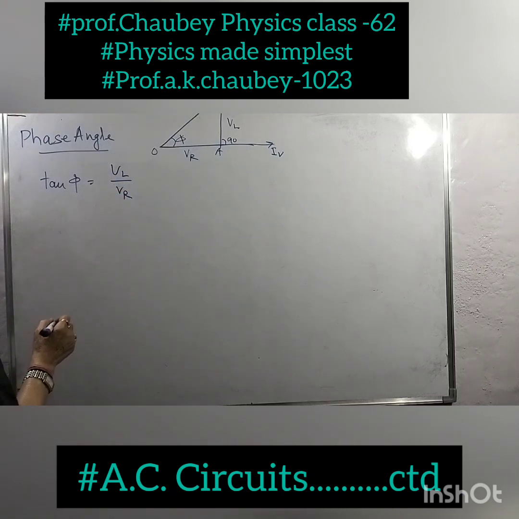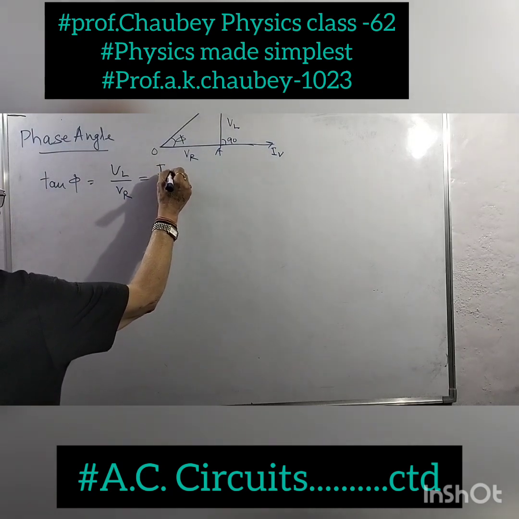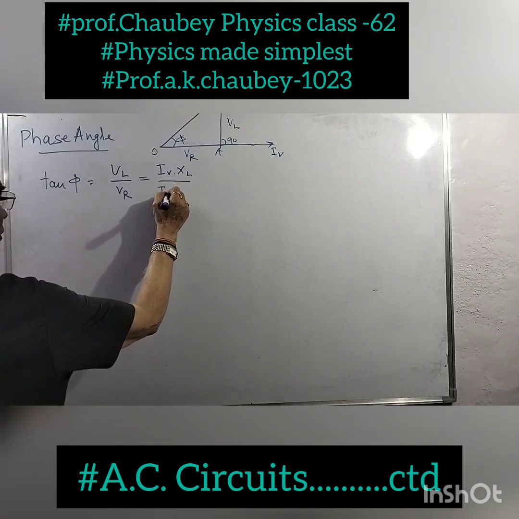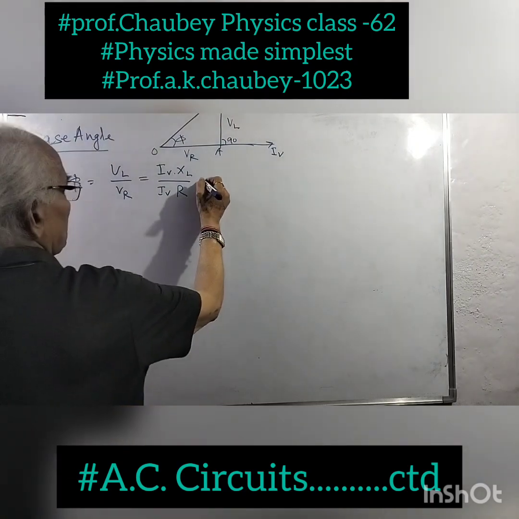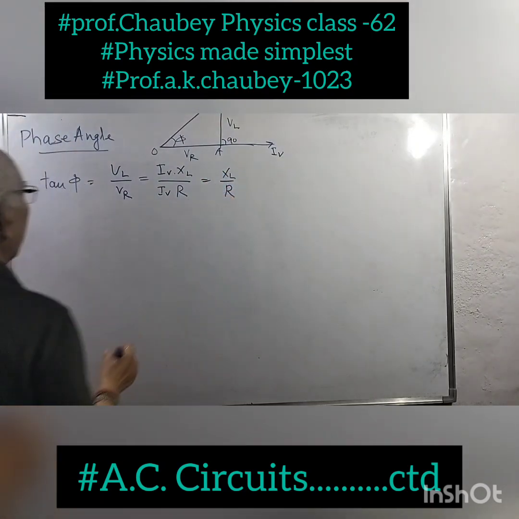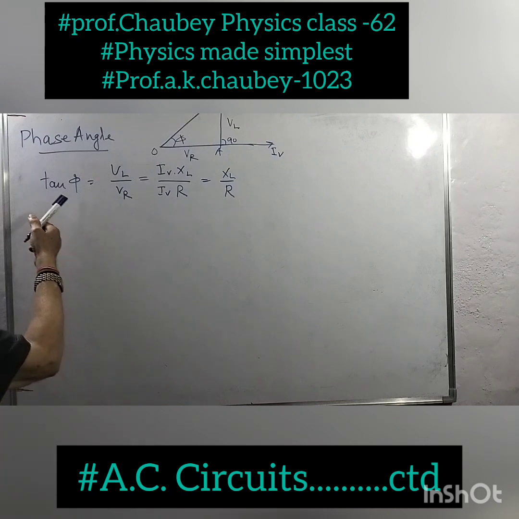Tangent phi is VL over VR, which means IB XL over IB R. IB cancels, so this is XL over R. So tangent phi, that is the phase angle, is given by this angle.